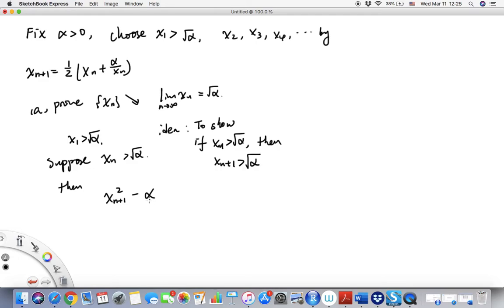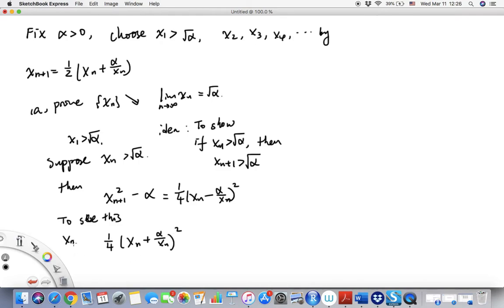Okay, so how do we do this? Well, we take this observation. By definition of xn plus 1, xn plus 1 squared minus alpha is equal to 1 over 4 times xn minus alpha over xn, squared. Okay, so to see this, this is xn plus 1, so we square that, we have 1 over 4 xn plus alpha over xn, squared, right?